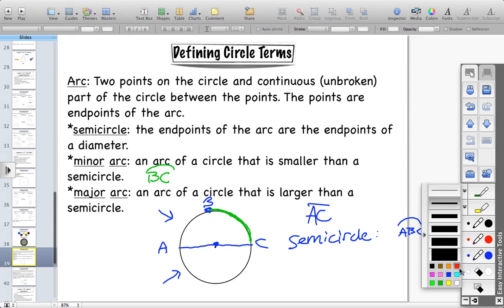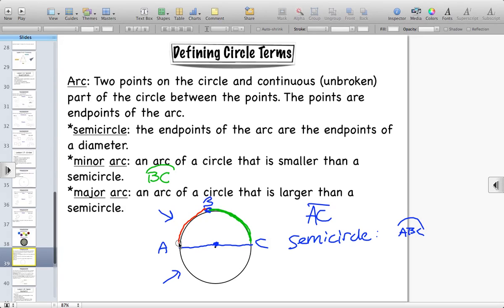Now if I want to call a section that's greater than a semicircle, let's say I'm going the other direction. A section of the circle that's greater than a semicircle, we call that a major arc. Now, when we identify major arcs, we definitely want to make sure we call it by its 3 points. So the endpoints, and then some point that's in the middle.